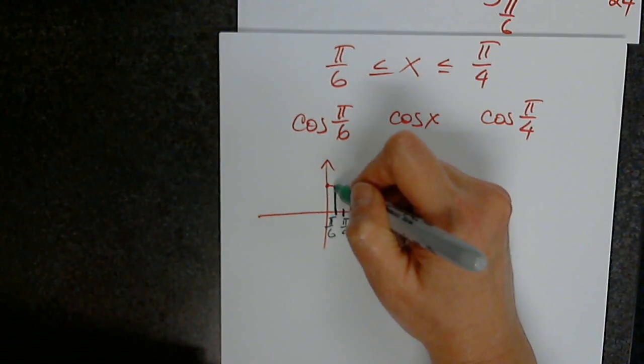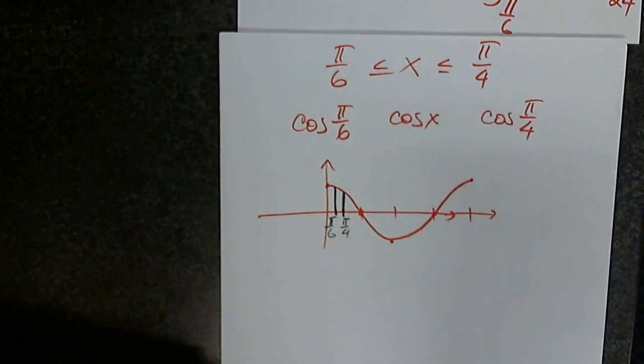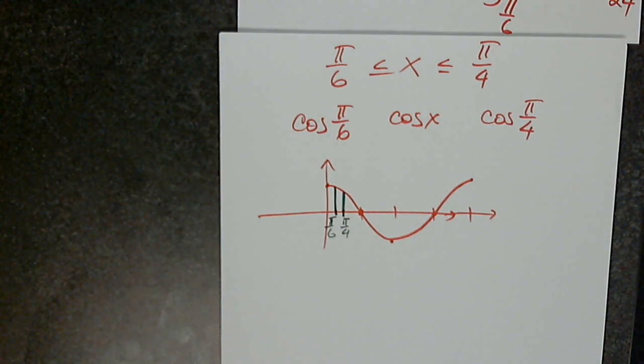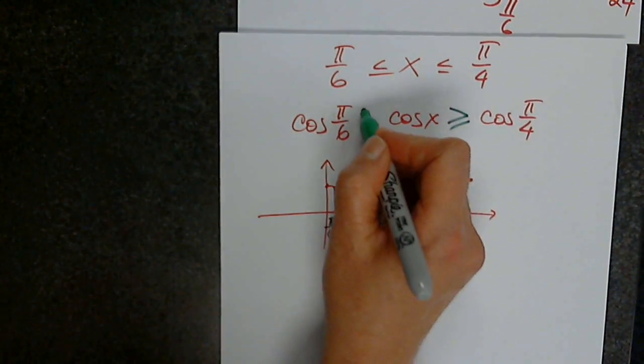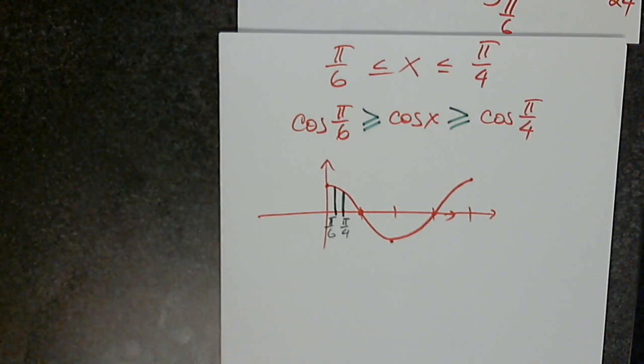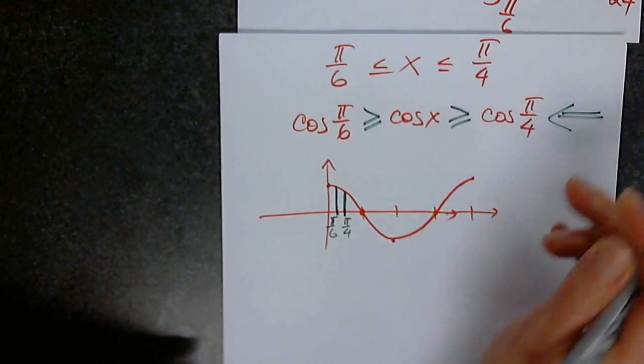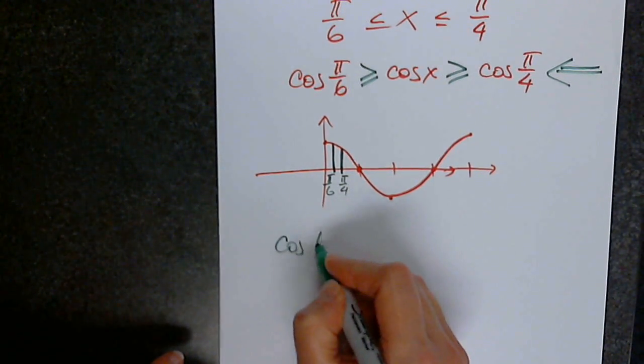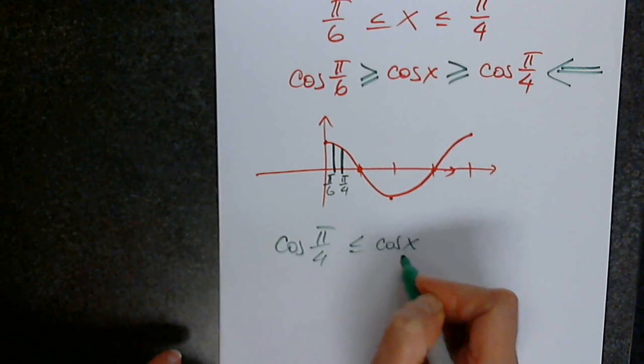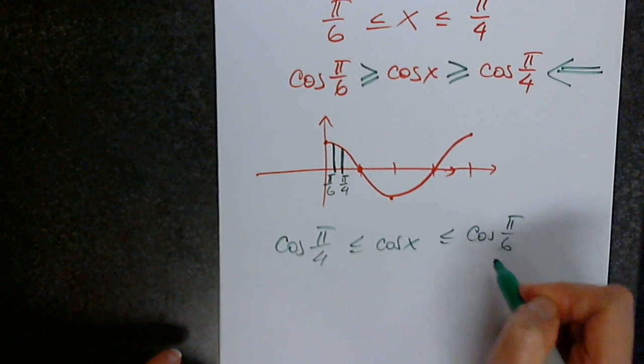So this height and this height, how do I keep the inequality symbols? Which one is smaller? Right. Because the function is decreasing. As x increases, y decreases. So now I have to read the inequality from here. Cosine pi over 4 less than or equal to cosine x less than or equal to cosine pi over 6.